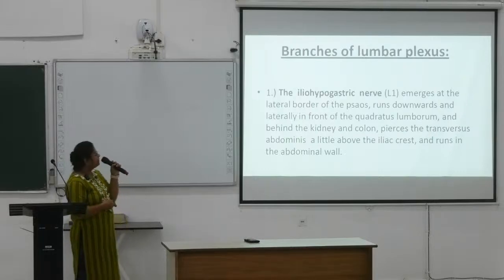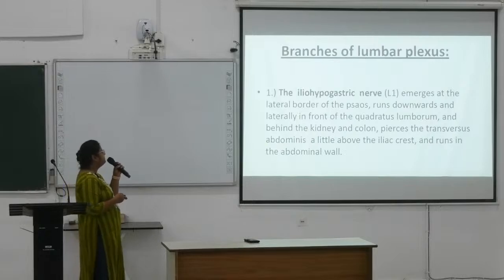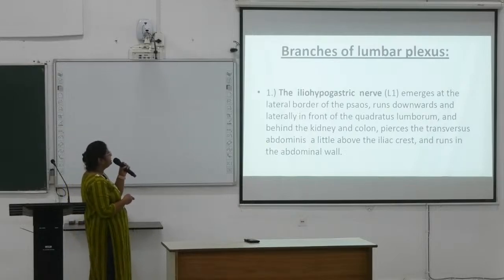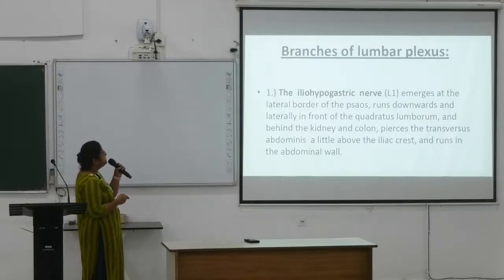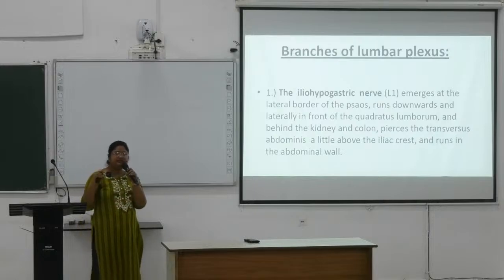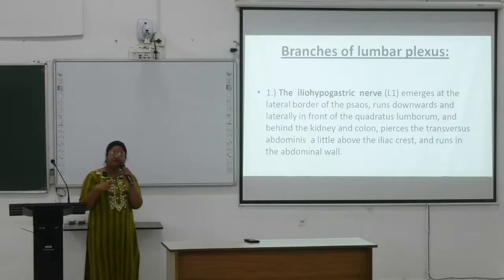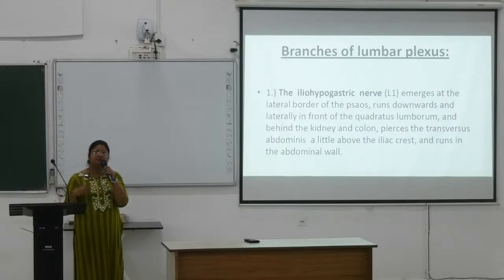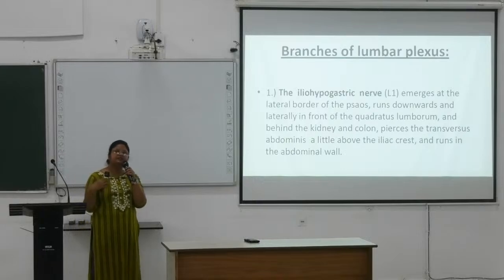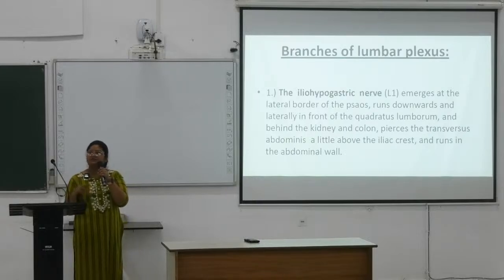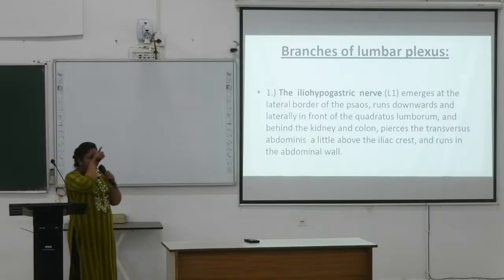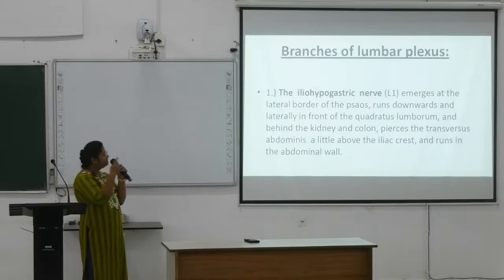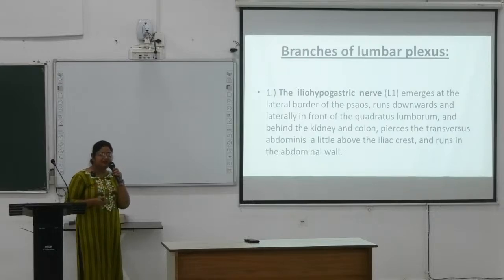Okay, so the iliohypogastric nerve emerges at the lateral border of the psoas major, and this lumbar plexus lies within the content of psoas major. Within the psoas major muscle the plexus is formed, and the nerves come out from the lateral and medial border of the psoas major muscle. Okay, so maximum branches come out along the lateral border.